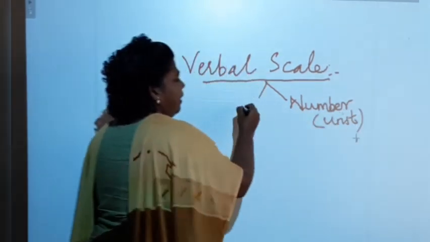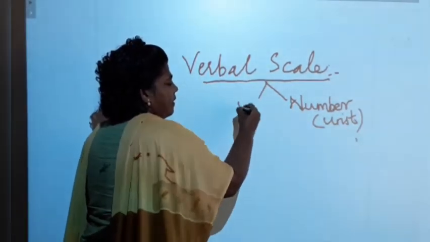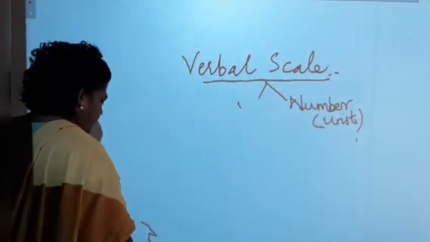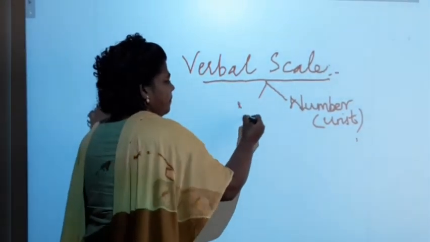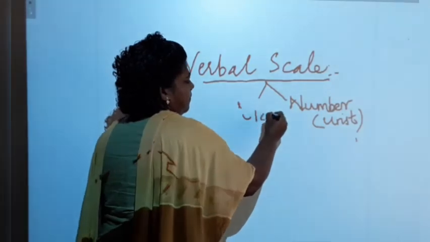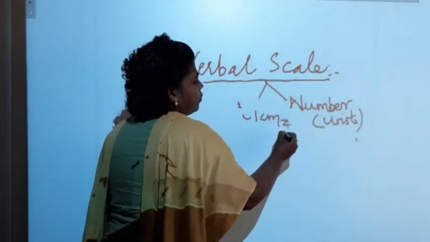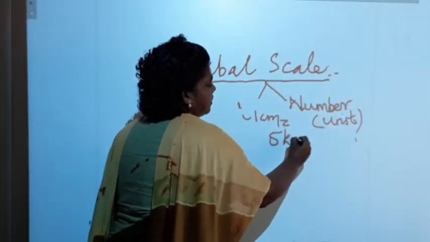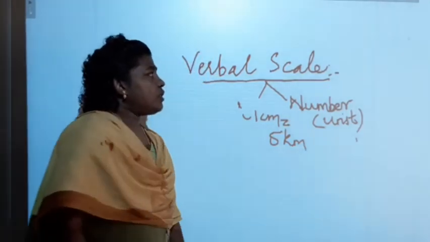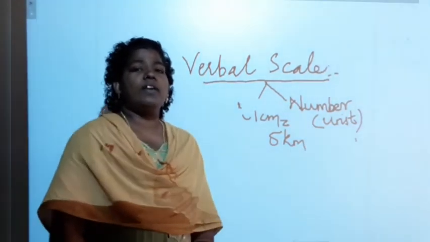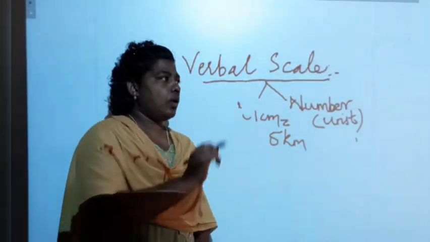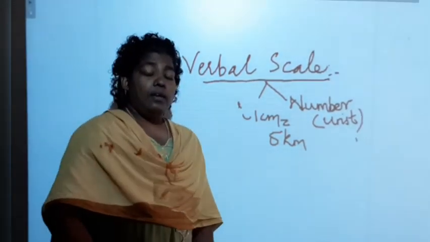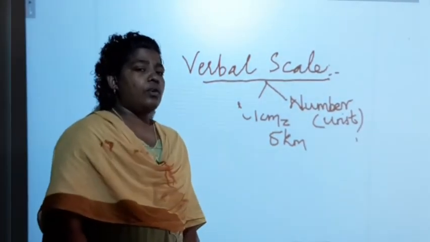For example, 1 centimeter is equal to 5 kilometers. In this way, we can see how the verbal scale is pointed out.